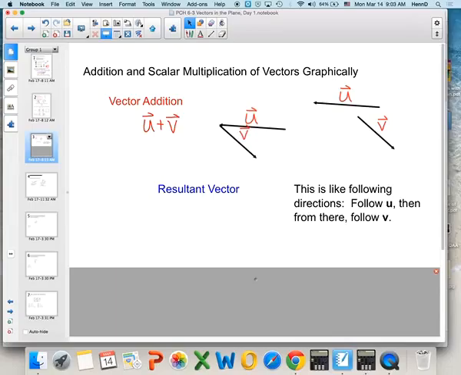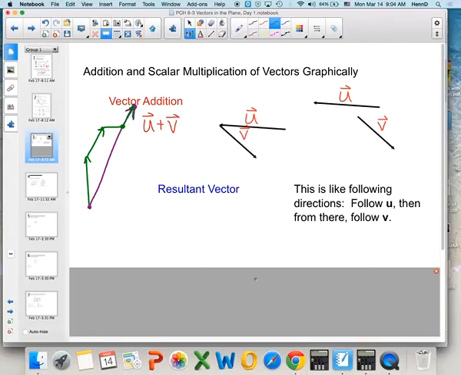Now, think about vector addition as though you're following directions. Do u first and then v. If I want to drive to my friend's house, very rarely could I drive just in a straight line. However, I could follow this street first, then this street next, then turn onto this street, and then this street here.